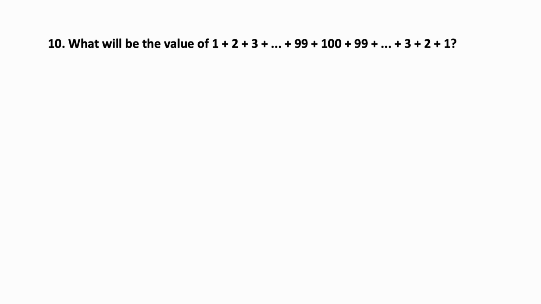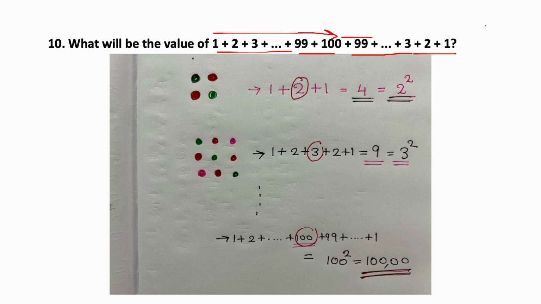Next one, what will be the value of 1 plus 2 plus 3 plus etc. plus 99 plus 100 plus 99 plus etc. plus 3 plus 2 plus 1? See, here we are going up to 100 and then we are going down. Okay. See, what is 1 plus 2 plus 1? That is 4, which is 2 square.